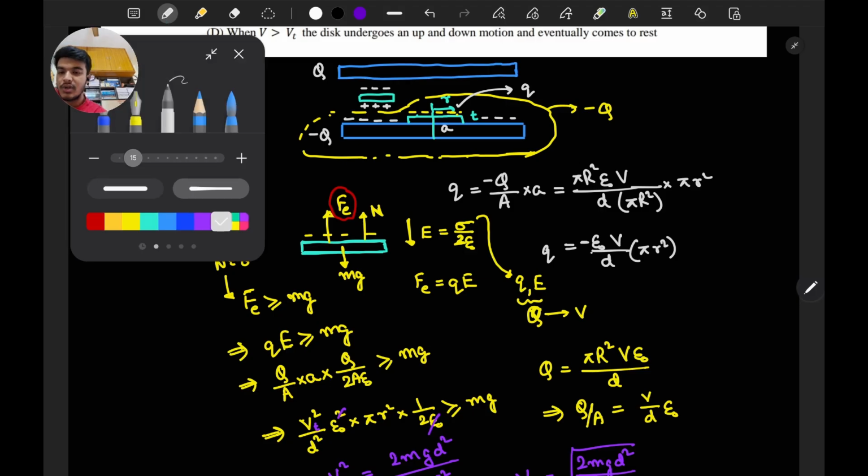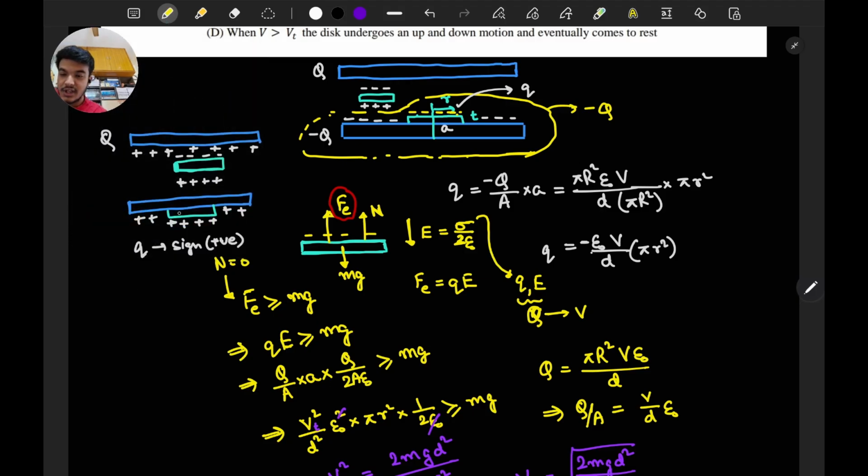So now what are the forces that are acting here? Here mg is also acting downwards. Am I right? Electric field due to the top plate is in the same direction, and since it's a positive charge, my Fe would also be acting in the same direction, which is downwards, and my contact force, which is the normal, is also in the same direction, which is downwards.